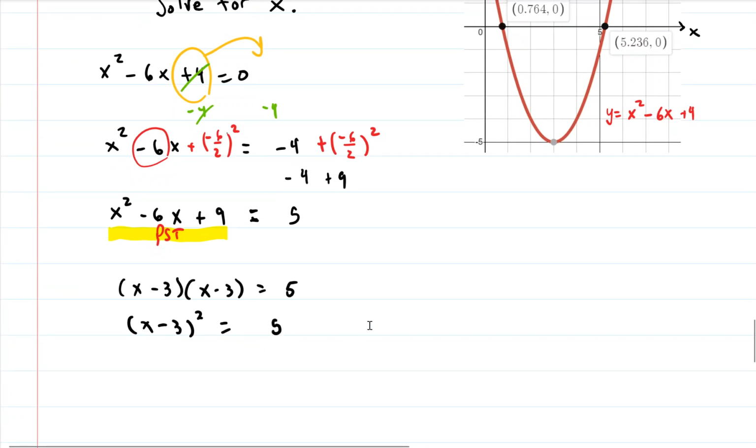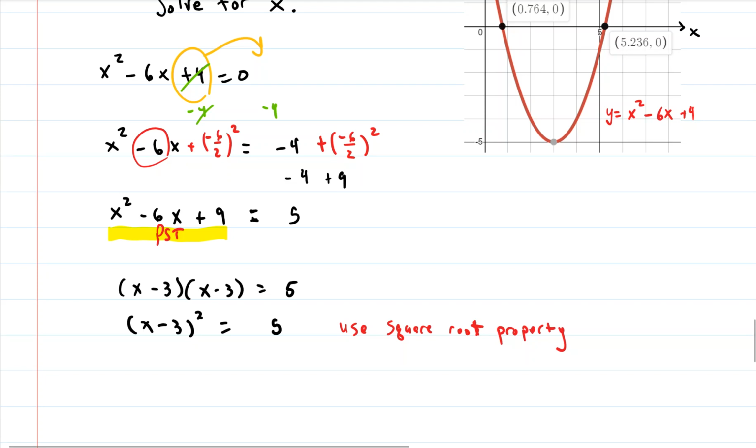So the next step is to use the square root property. Let's make a note here. Use the square root property. I also have a video on that if you want to brush up on that.